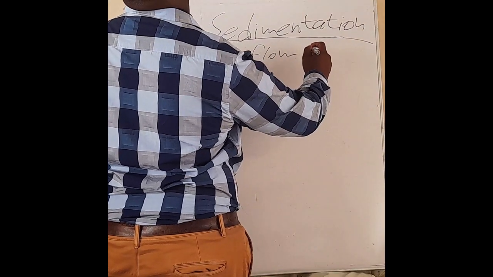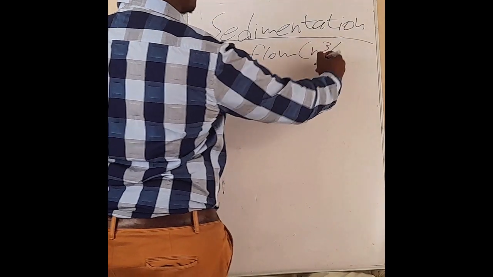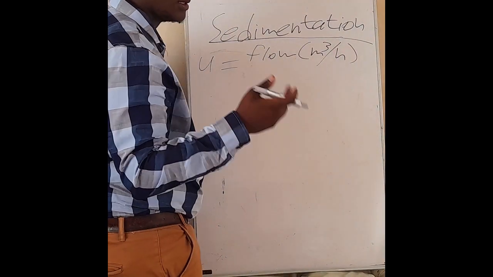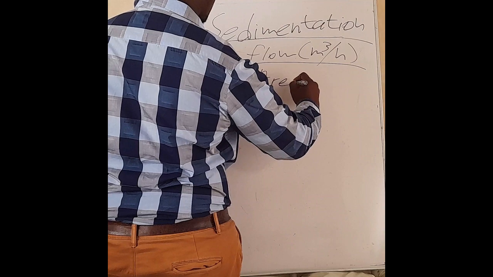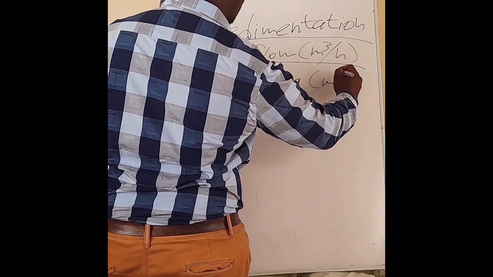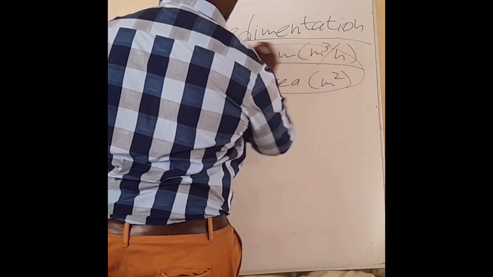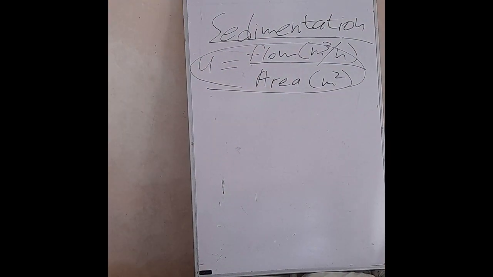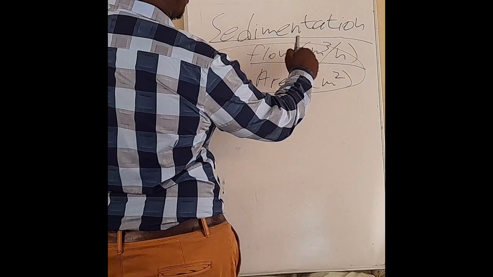Our flow, we need to convert it to meter cubes per hour, okay, and the one that we previously calculated was in meter cubes per second, divided then by our area, the area of the tank, and the area is in meter squared, okay.